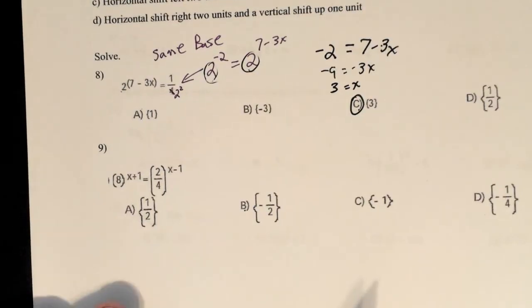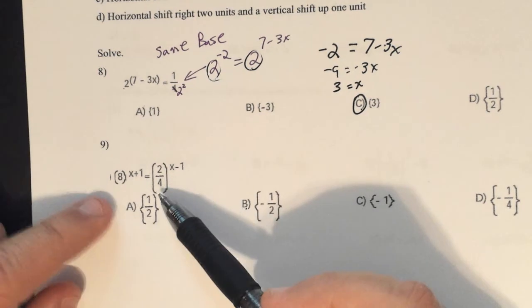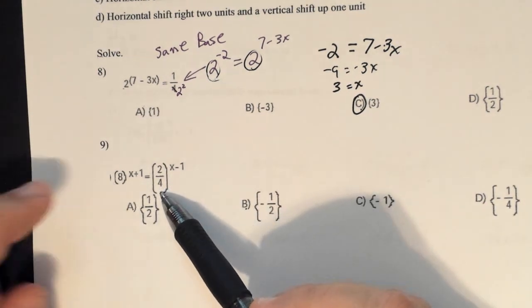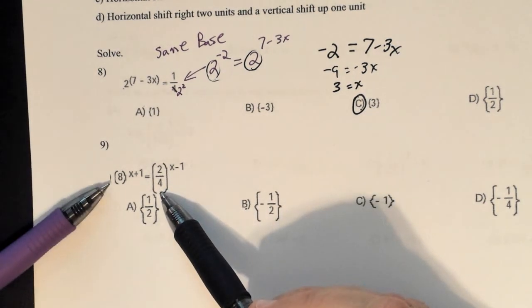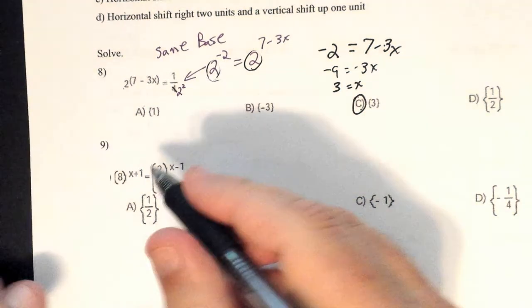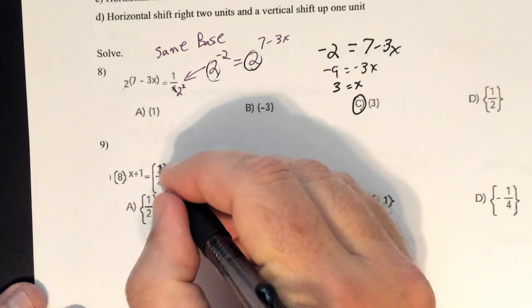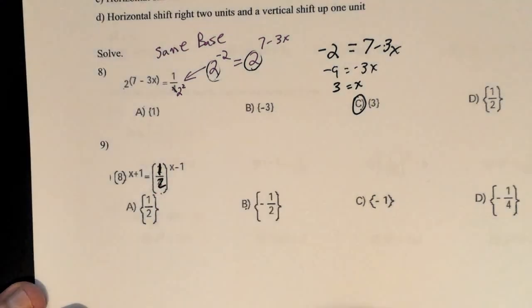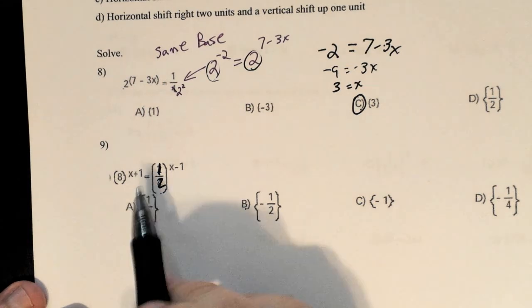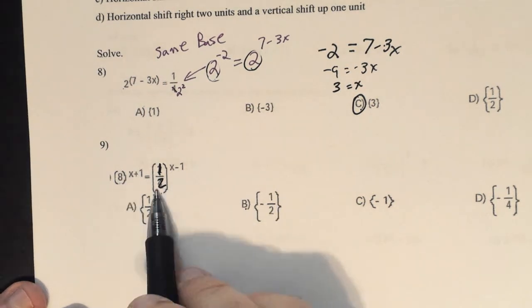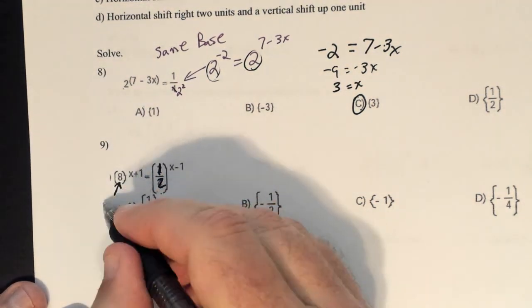Same thing with number 9, same bases. The only way to get 8 and 4 to be the same, and really the way they did this, this 2 over 4 would be the same as 1 over 2, which tells you base 2 is where I want to go. 8 is 2 cubed.